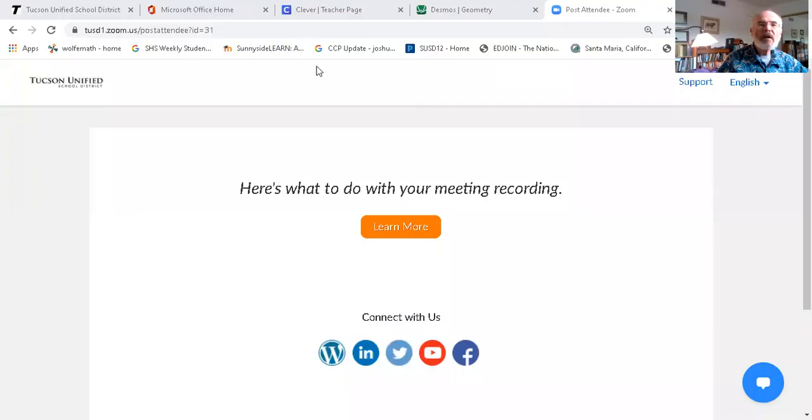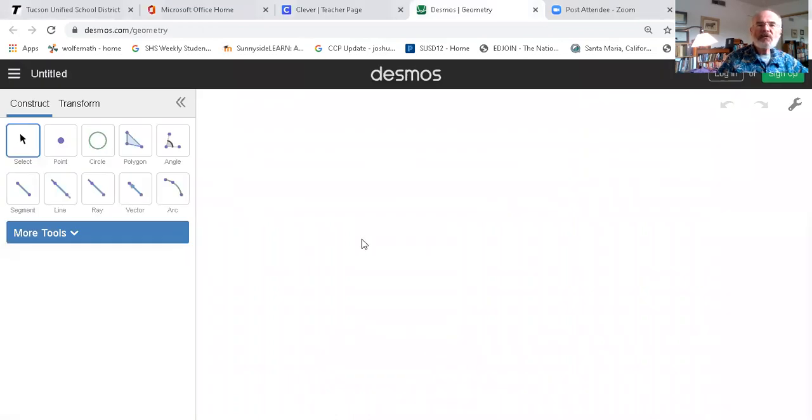Let's see, share the screen. Not sure if this is what I want. Double check. Yes, I want my Desmos screen. Here it is. So here's the Desmos screen. I'm going to stop the share and start it again. There we go. There it is.